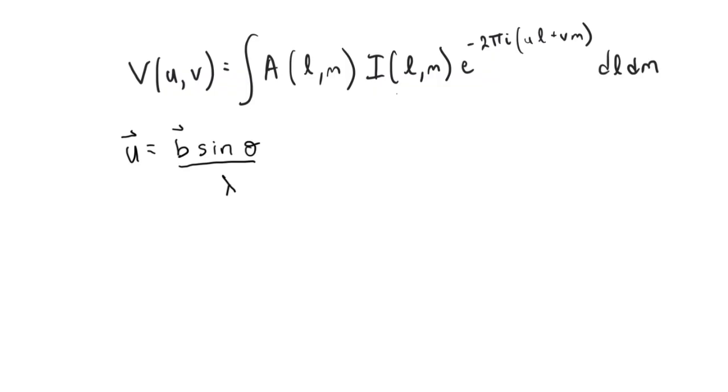And intuitively, this makes some sense. A baseline has a physical length in meters. The angular scale you probe with that baseline, or equivalently, the Fourier mode you probe with that baseline, doesn't depend just on the physical length of the baseline. It depends how many wavelengths of electromagnetic radiation you can fit into that baseline.